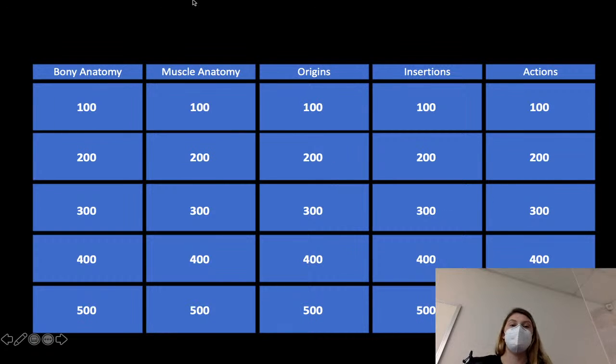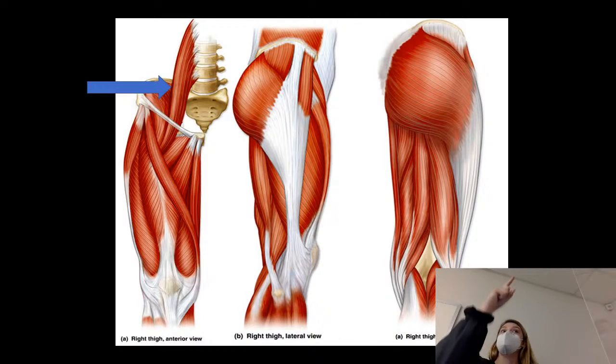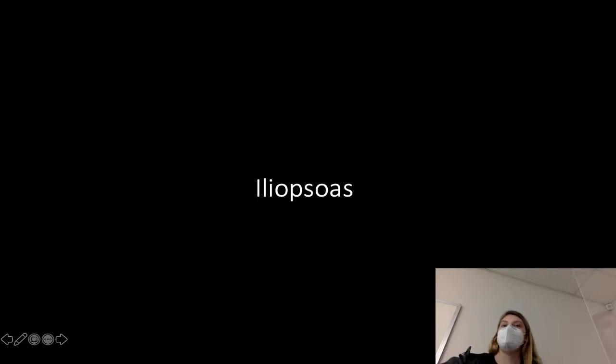4. What is the blue arrow pointing to? Iliopsoas. Correct.